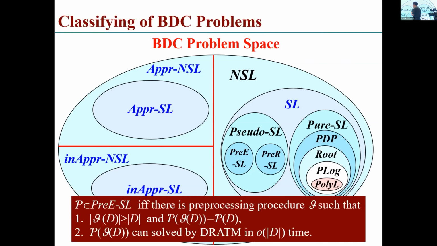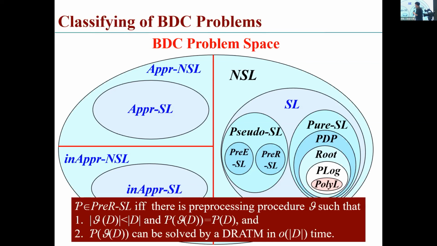Second, P set D can be solved by a DRAM in some linear time. But for this one, P belongs to pre-RSL. For this one, the set D is greater than D. For this one, the set D is smaller than D. The other condition is the same.